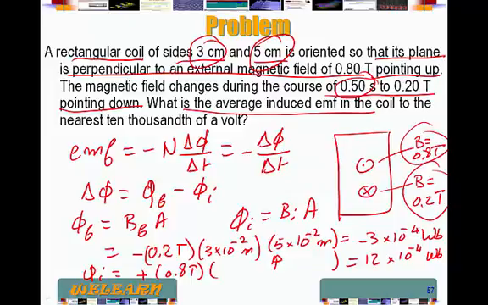Now the EMF is the change in flux, so it is going to be minus (minus 3 minus 12), of course these are in webers, over the time, which is 0.5 seconds.